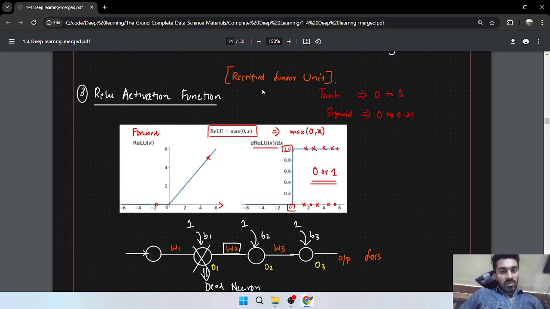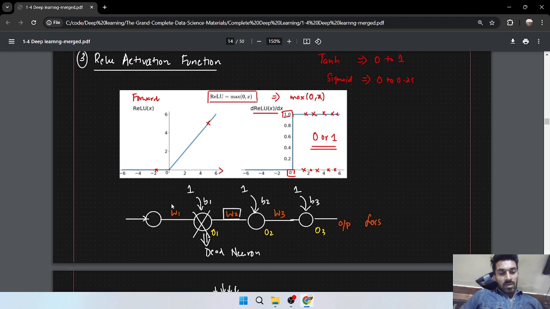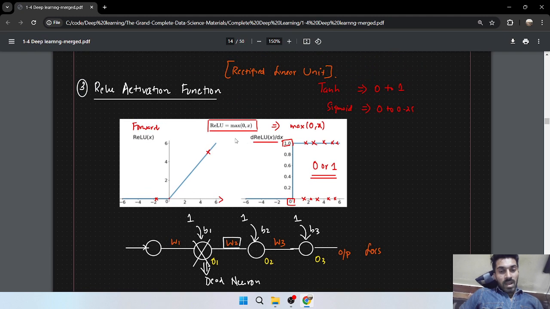Now coming to the ReLU activation function. This is the third type of activation function, ReLU, also known as rectified linear unit. Now this is also zero centered because it's passing from zero. And the formula of ReLU is basically max of 0 comma x, so it will look like this.